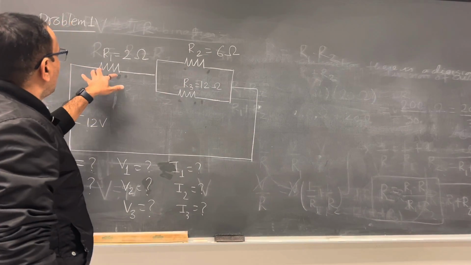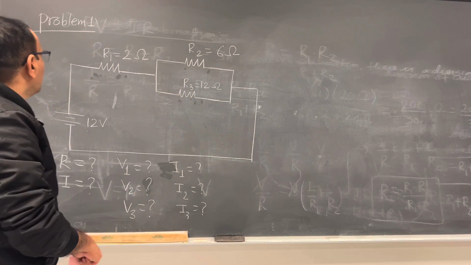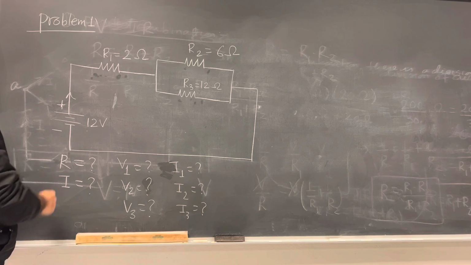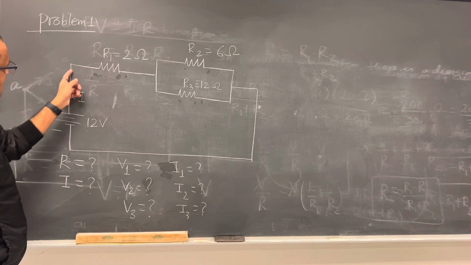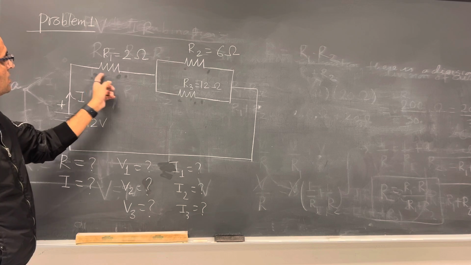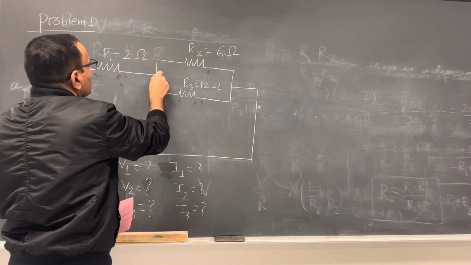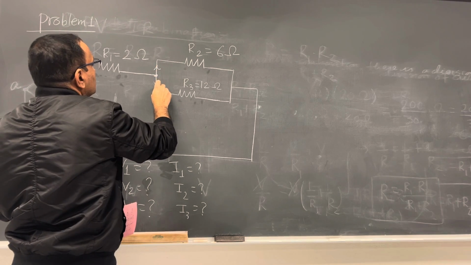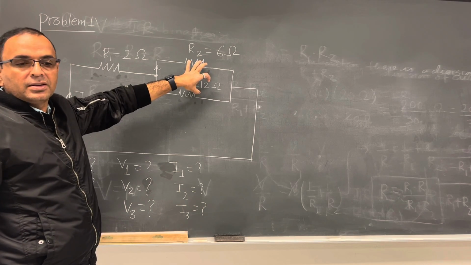Look at this. I have R1 here, I have R2 and R3. If there is a current here, let me call this plus and this minus, so the current is I. Now look, the current is passing through here this way, but there is no division of current. But right here, the current is divided. So this combination is a parallel combination.